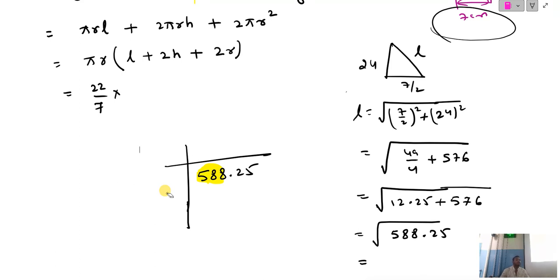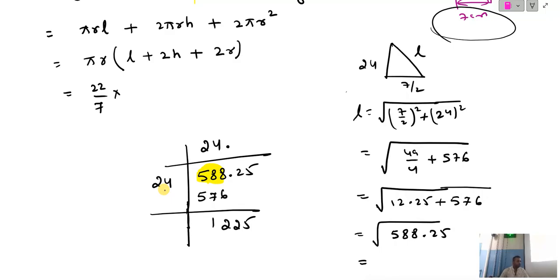So we can write 24 into 24, that is 576. 8 minus 6 is 2, 8 minus 7 is 1. The decimal point is there; shift this point as it is. This 25, bring down.